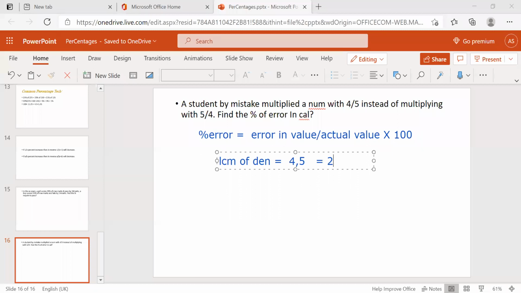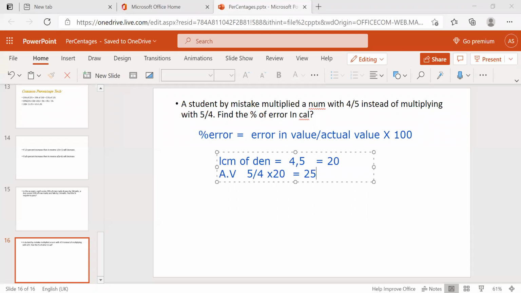I got the LCM is 20. Now, instead of assuming the variable, I assume 20 here. Then what is the actual value? Actual value is nothing but 5 by 4, into 20. It's nothing but 25, right? Is it clear?